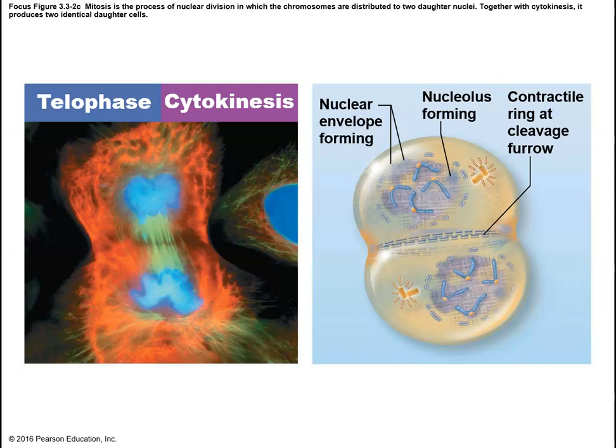And they're much smaller than a full-grown cell would be because they were just formed, but they have all the pieces they need. They'll continue growing to reach full adult size for that type of cell. So prophase, metaphase, anaphase, telophase, and that gets us two new cells.